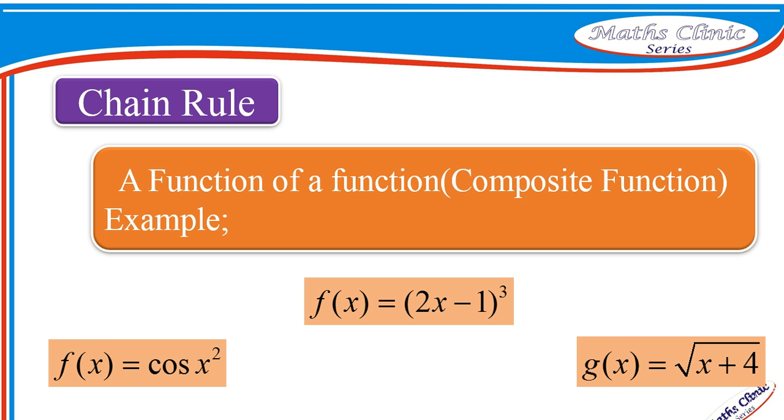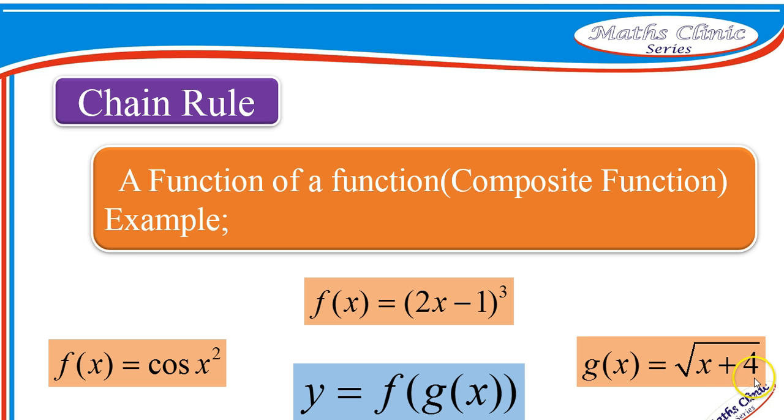Another one can also be like this. A function of this sort, that is g of x equals square root of x plus 4, is a function of a function. I will explain that concept of function of a function to you very soon. So in general, anytime you are given a question in this form, y being equal to a function within a function, then we will employ chain rule.